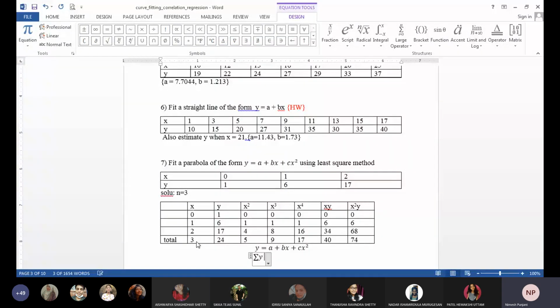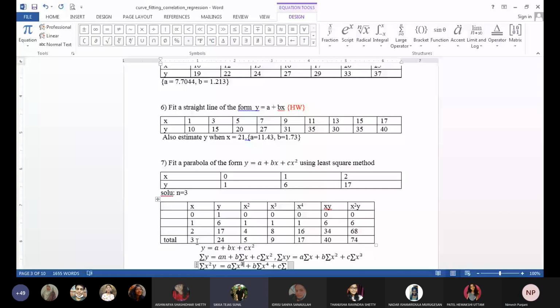So the 3 equations which we have to solve simultaneously to get the values of a, b and c are these 3 equations. First, add the same equation n times, then multiply by x and add, then multiply by x square and add. x square, no, okay sorry, I made a mistake.